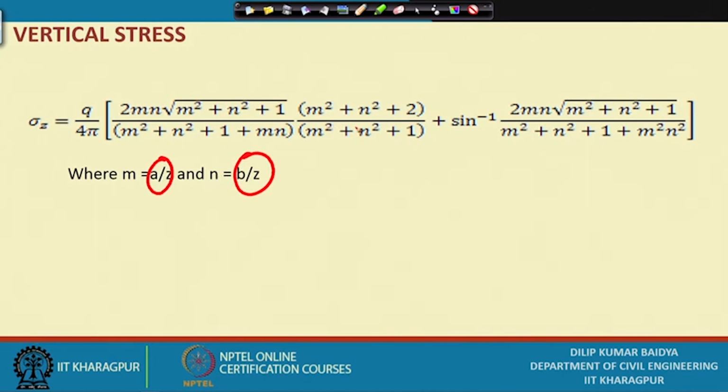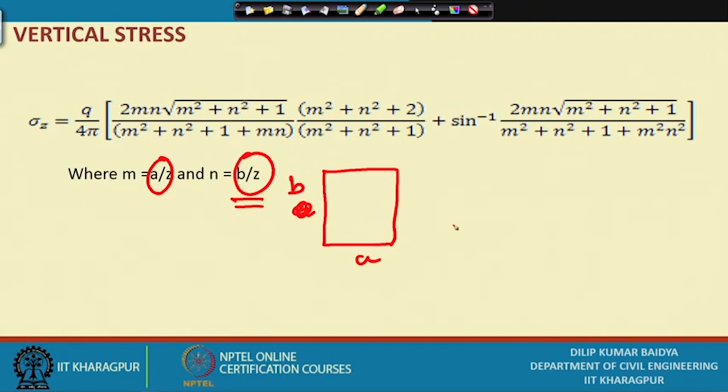Instead, we introduce a by z equal to m, and b by z is taken as n. Suppose I have a footing like this, where this is a and this is b, and I want to find out the stress.